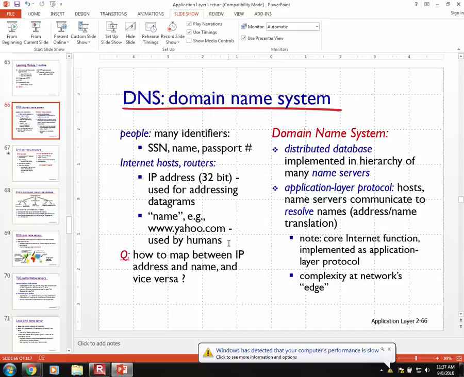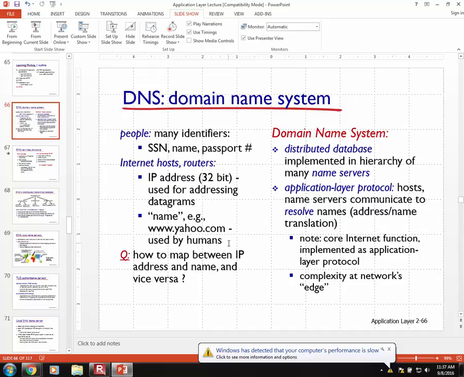The domain name system has been around for a long time, it uses a very simple tree structure, and it's commonly used around the world. It's pretty established, and we're going to talk about the details of how that works.